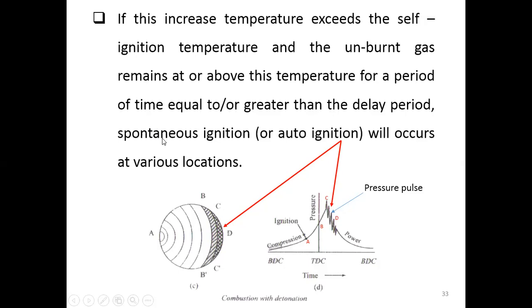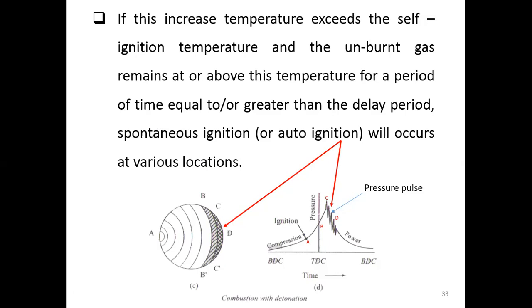The spontaneous ignition will occur, and it happens at various locations. A time equal to the delay period means what? The normal ignition happens and this gas also ignites.